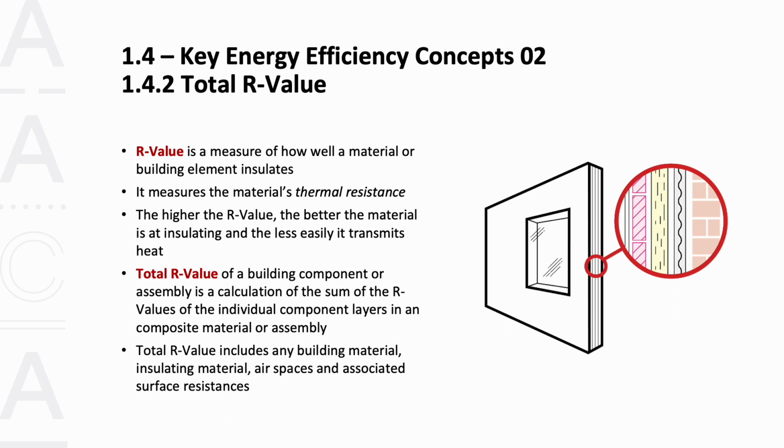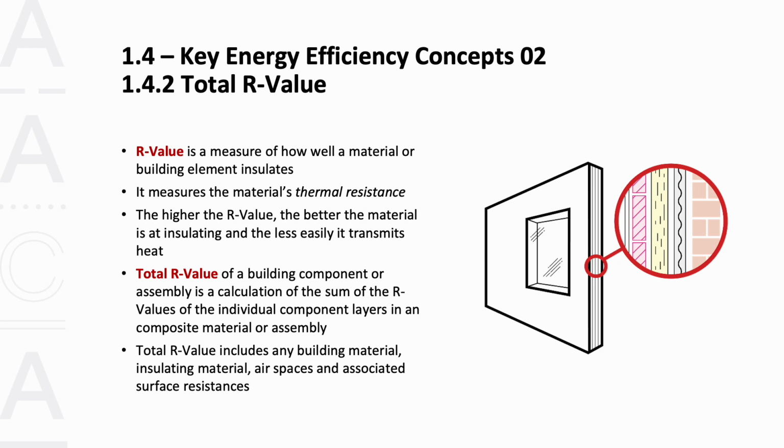So if you think of a pre-made exterior insulation and finish wall panel, which could be assembled from 4 or 5 different layers. For example, a metal outer layer, a foil moisture lining, an internal frame, an insulation layer, and an inner shell. Each of these layers will provide some degree of thermal resistance. So the total R value is the sum of all of these, plus the thermal resistance of any air gaps.